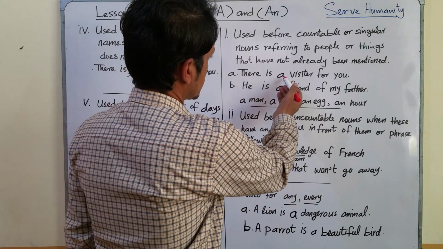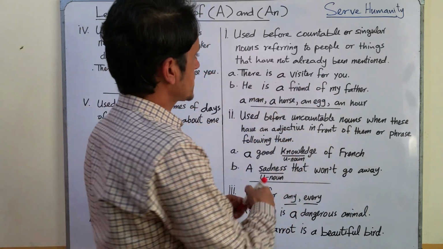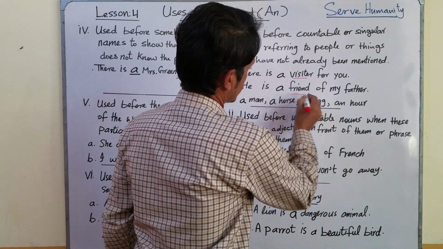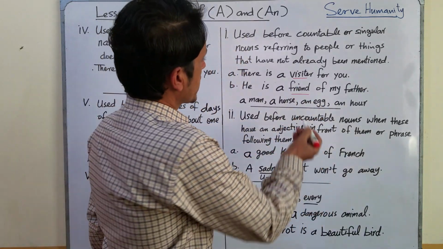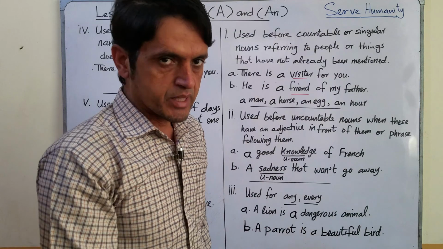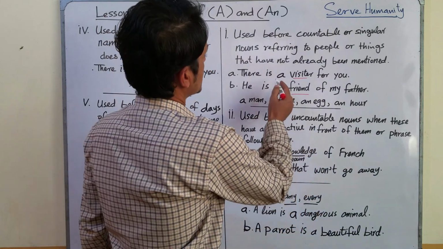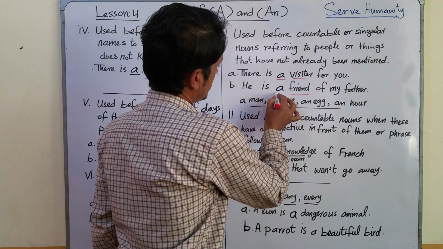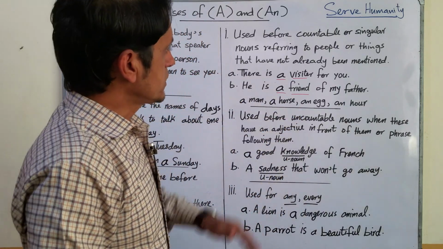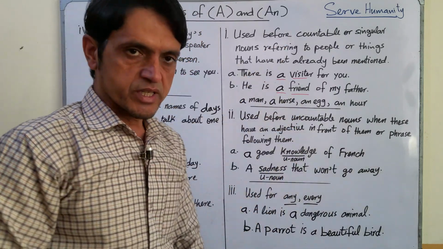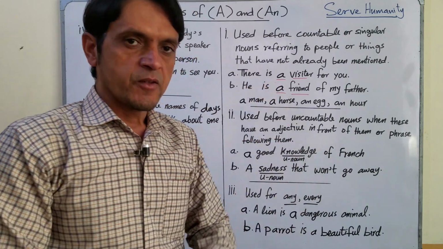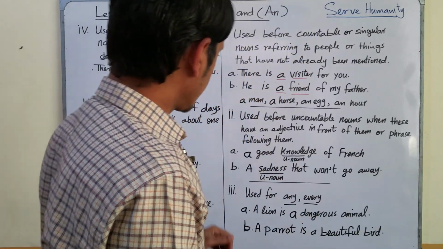There is a visitor for you. Now you see, visitor is a countable singular noun and friend is also a countable singular noun, and they have not already been mentioned. So we can use indefinite article a in front of them. Okay, in these two examples we can use indefinite article because they have not already been mentioned.